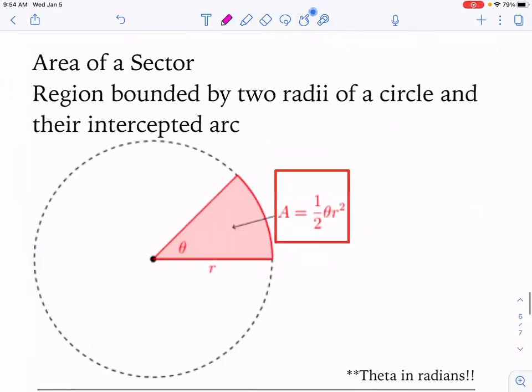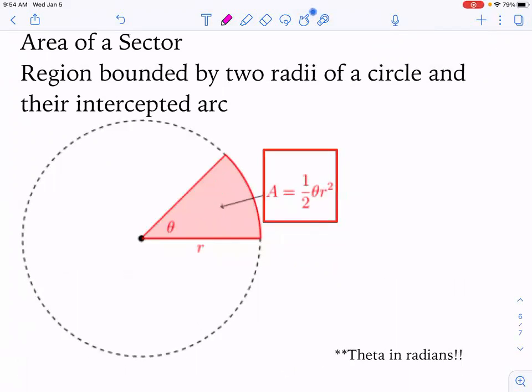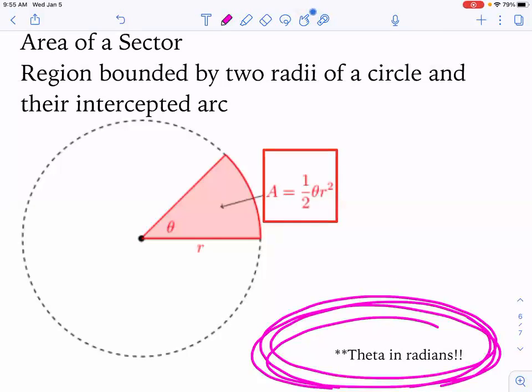We're talking about the area of a piece of pizza is 1/2 theta r squared, where once again, theta has to be in radians. I am fairly confident that in algebra 2, you worked with both of these formulas.